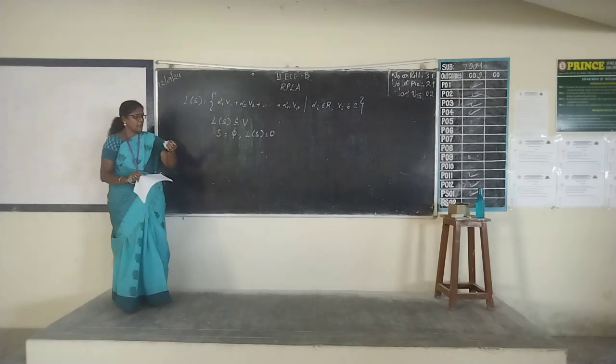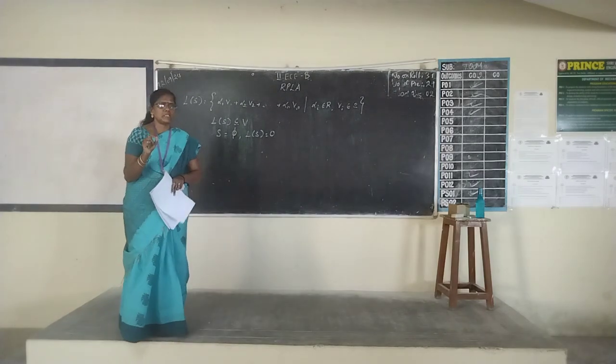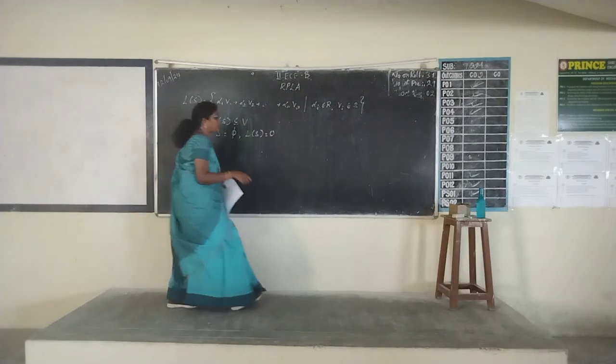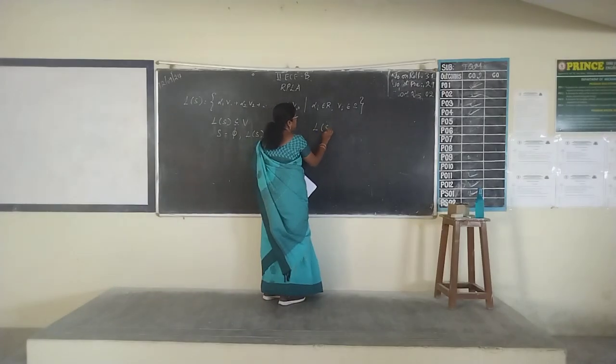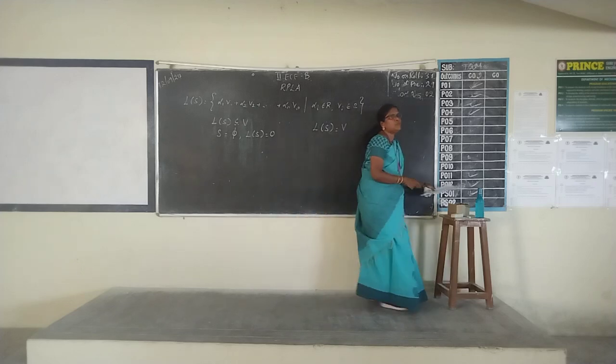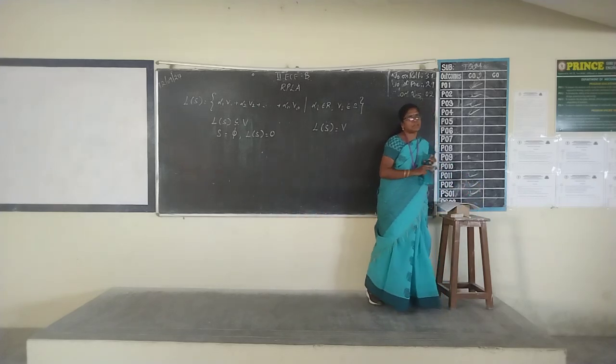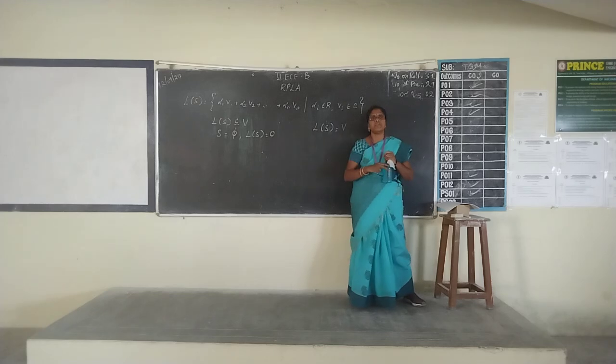How we are going to solve the problems is that if we want to call it a linear span, you have to prove that L of S is equal to V. What is the first condition?